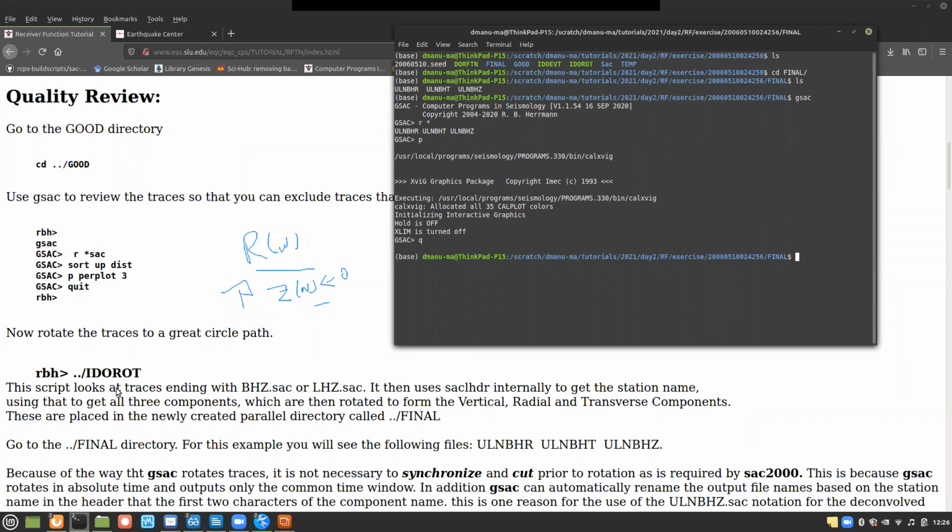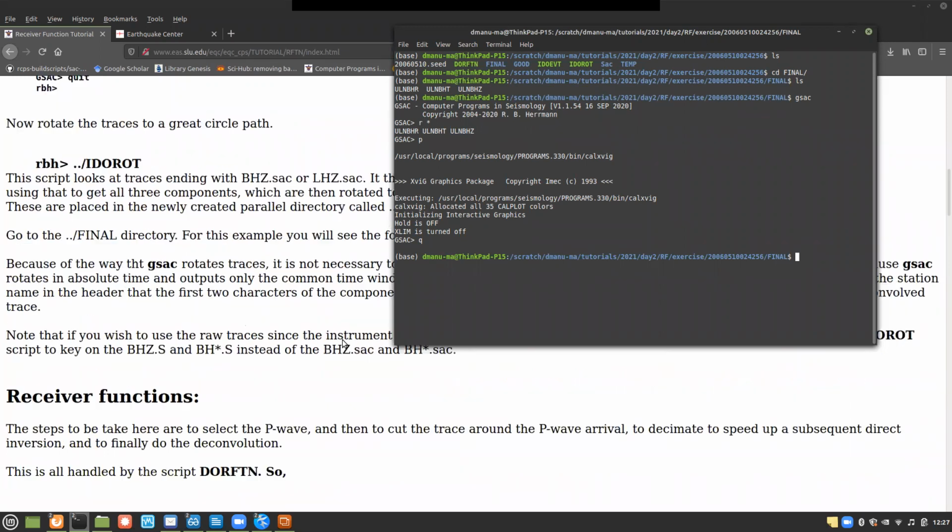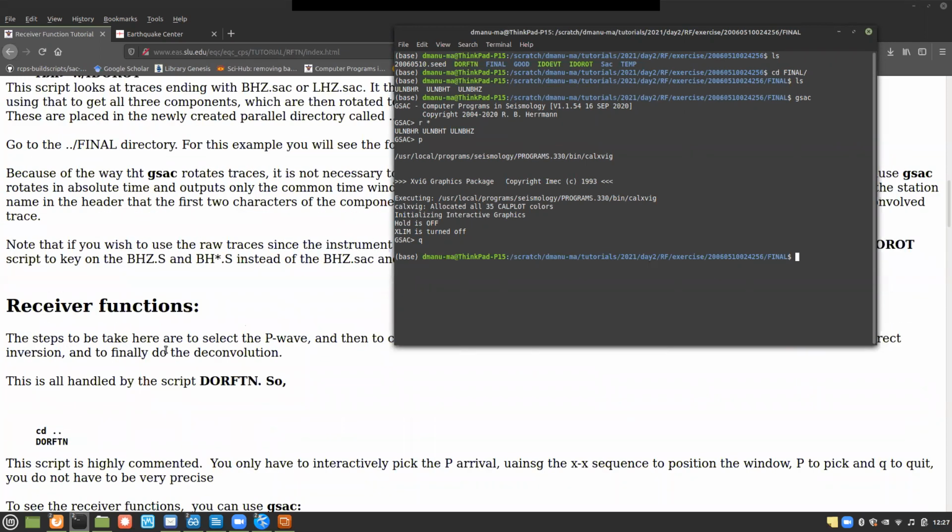But a program like this is really well tested, and the results are often really good. Okay, so we've done this, and then this is the receiver function component.